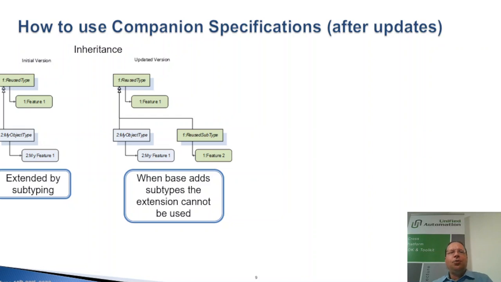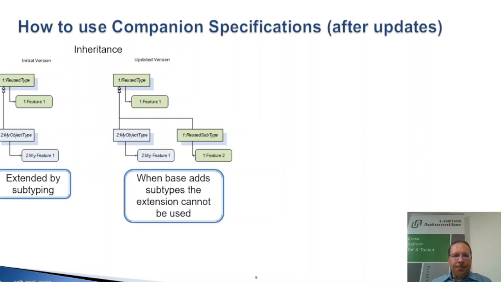If we look at how to extend those companion specifications, of course, you can do this with inheritance. So we see here on the left hand, in green is what comes from the companion specification. There's a type with a feature in it, and I can derive my type from this, and then I automatically have that feature.